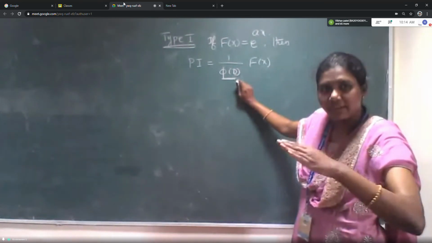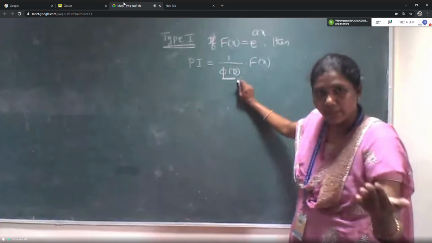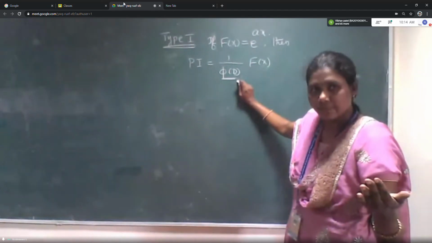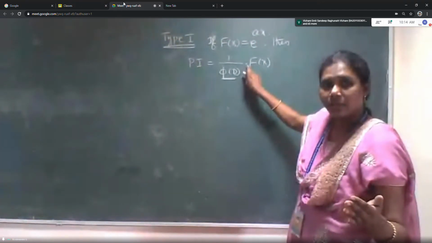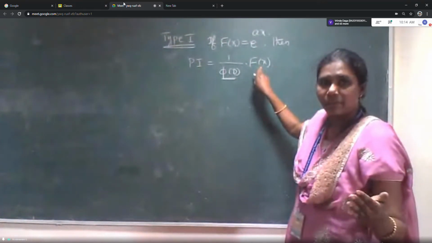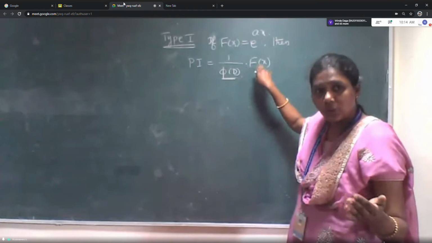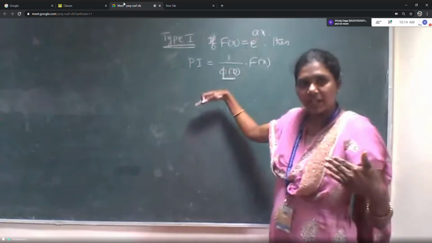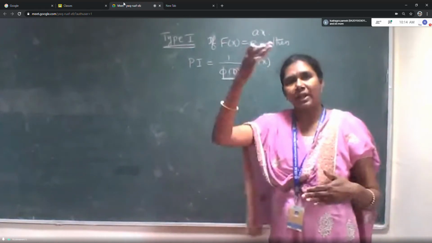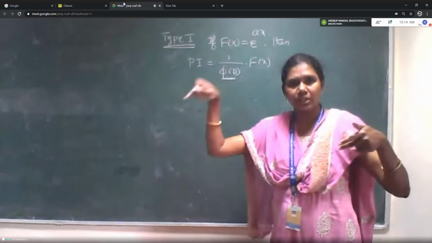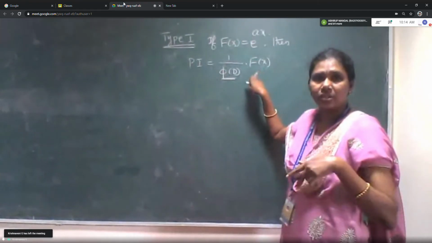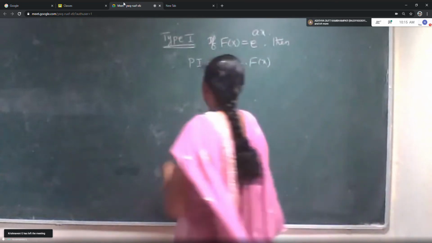In the given left hand side equation, it is up to y. Then phi of D into f of x, the right hand side value. When we find PI, first we have to write 1 divided by the given left hand side equation operator, into the given right hand side function. Okay, in the first step.